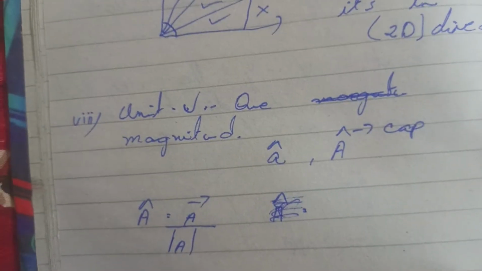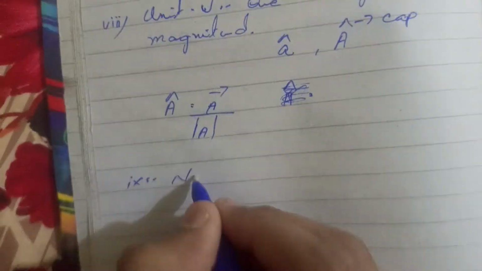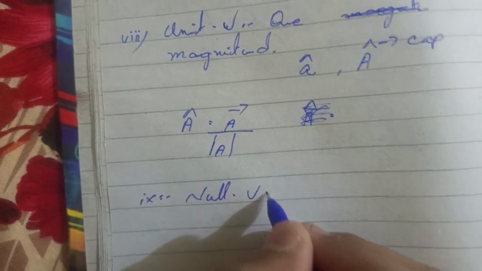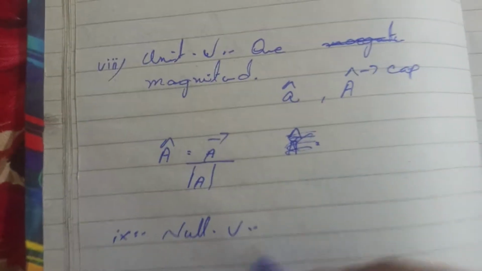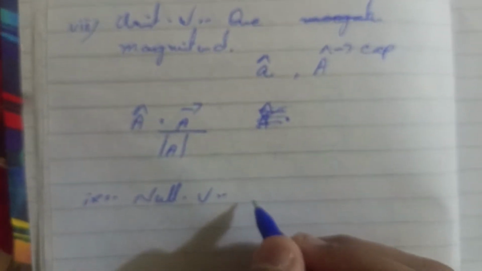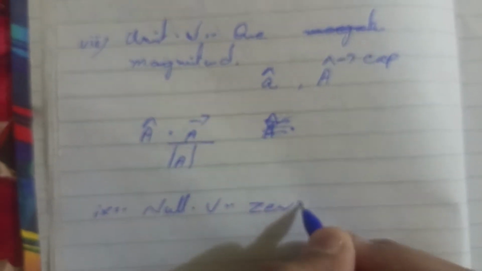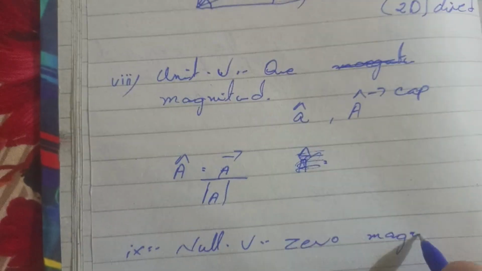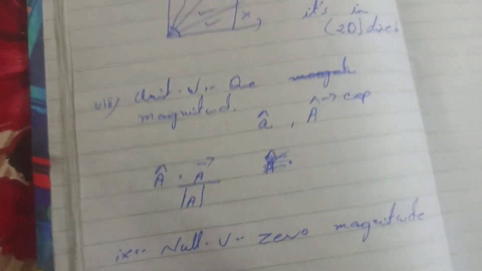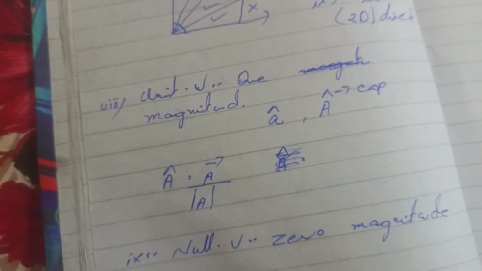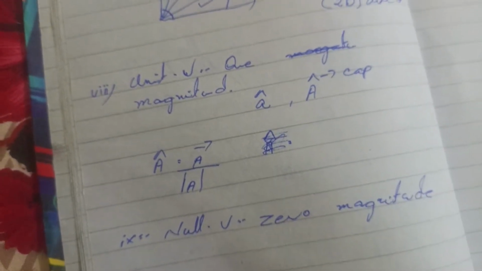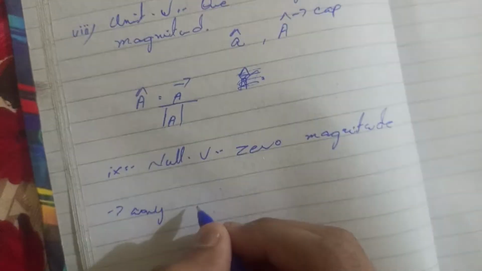The ninth vector that we have is the null vector. So what does it mean? If you have guessed already, very good. If not, let me tell you that in a null vector you have zero magnitude. It does not have any magnitude, but it can tell the direction with any arbitrary direction.